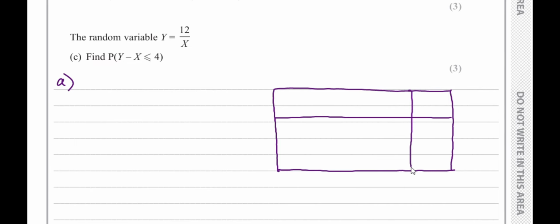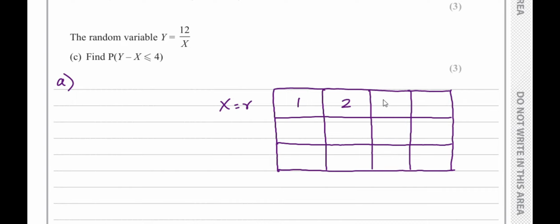There should be 4 columns, 1, 2, 3 and 4. Okay, and then let me put 3 rows also. So this is X equal to r and the outcomes are 1, 2, 3, and 4. Remember, this is a biased spinner, therefore the probabilities won't be the same.